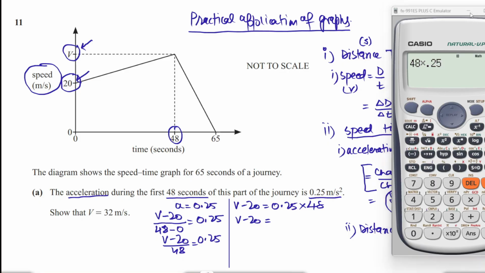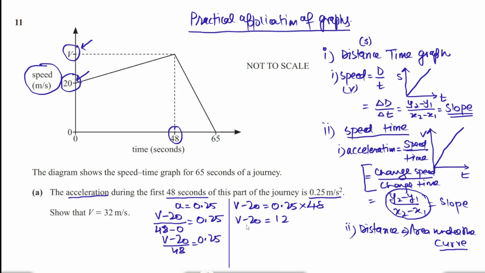Yes, that is 12. And 20 is being subtracted here, it will go on the other side and we add 20 here. And we are going to get 32 meters per second for v. That is the speed, and that is the same thing which we have to show here.